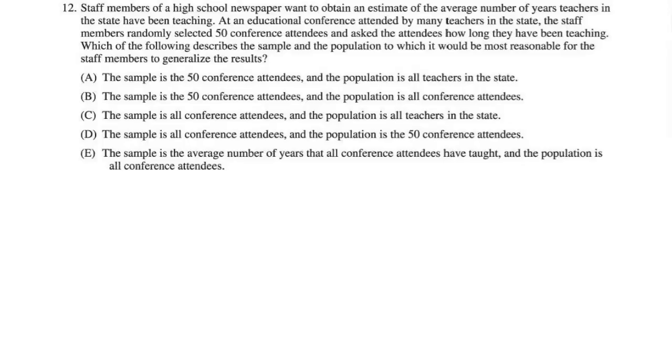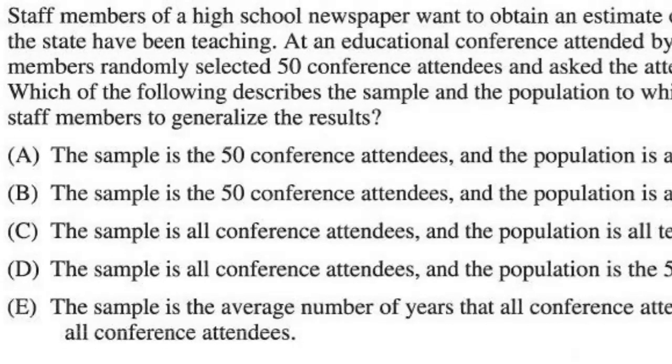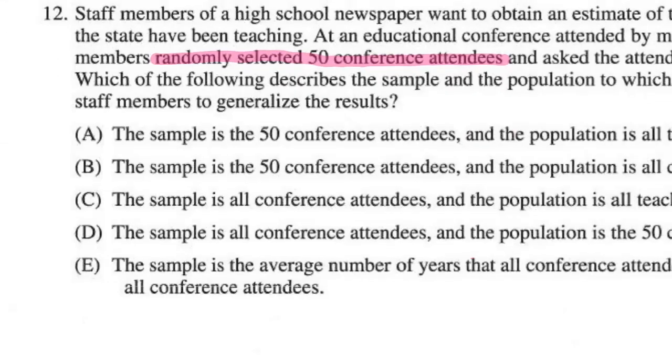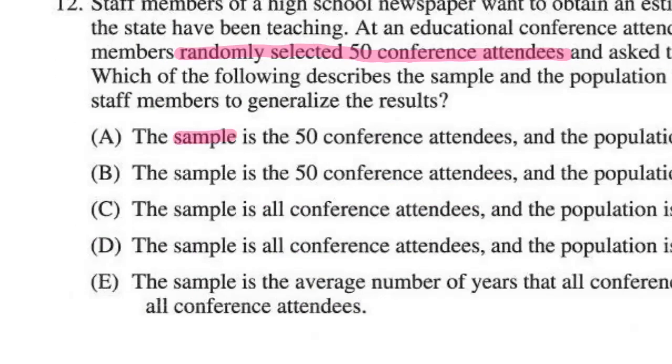The question down at the bottom, I'm going to skip the top part for right now for time. It says, which of the following describes the sample and the population to which it would be most reasonable for the staff members to generalize the results? Well, it tells me right here that they randomly selected 50 conference attendees. So the sample is the 50 conference attendees.